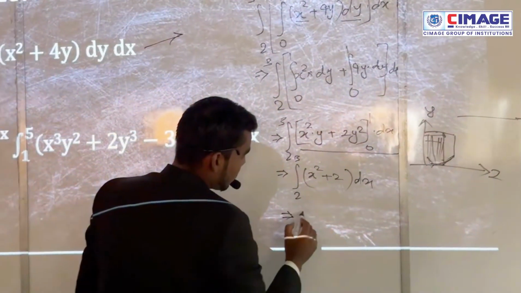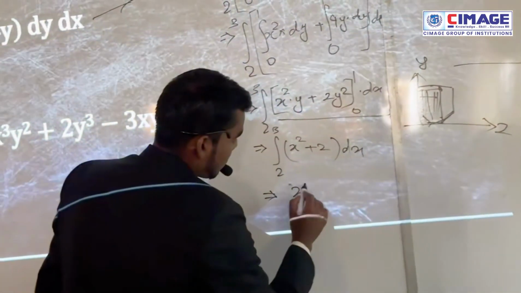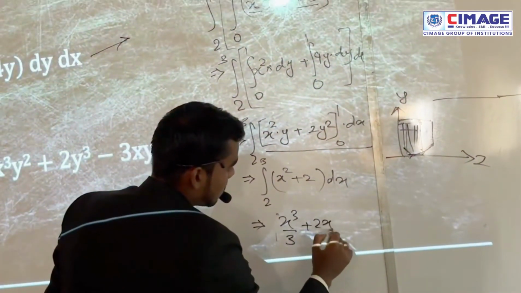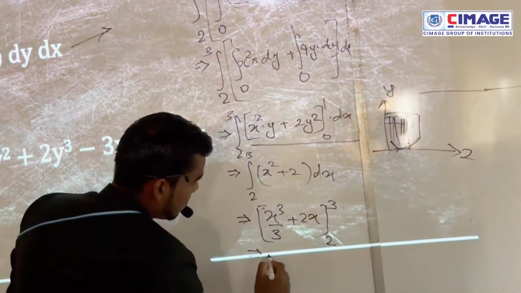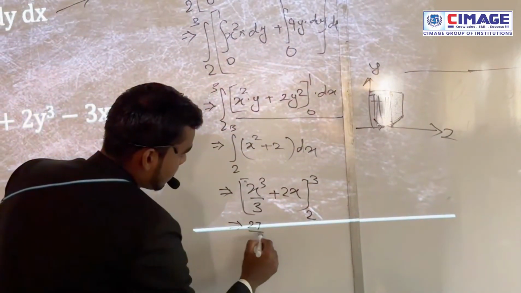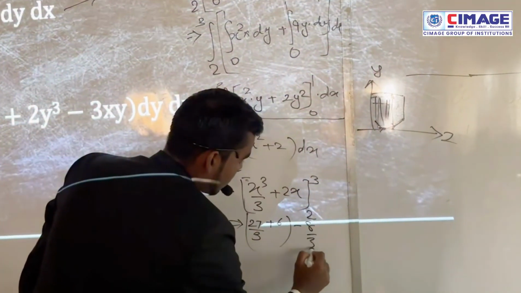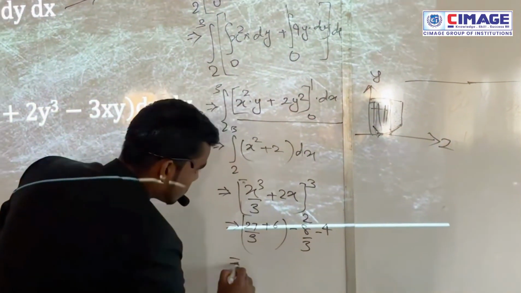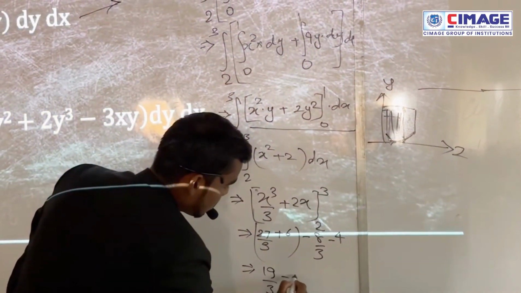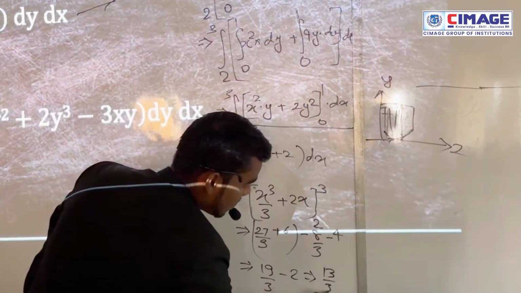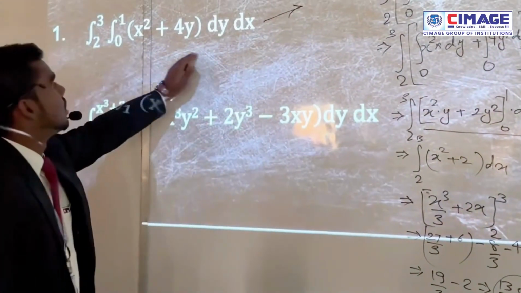It can be written as x cube upon 3 plus 2x with limits from 2 to 3, which gives 27 by 3 plus 6 minus 8 by 3 minus 4. So 19 by 3 minus 2, which gives 13 by 3 square units as the required area of this function.